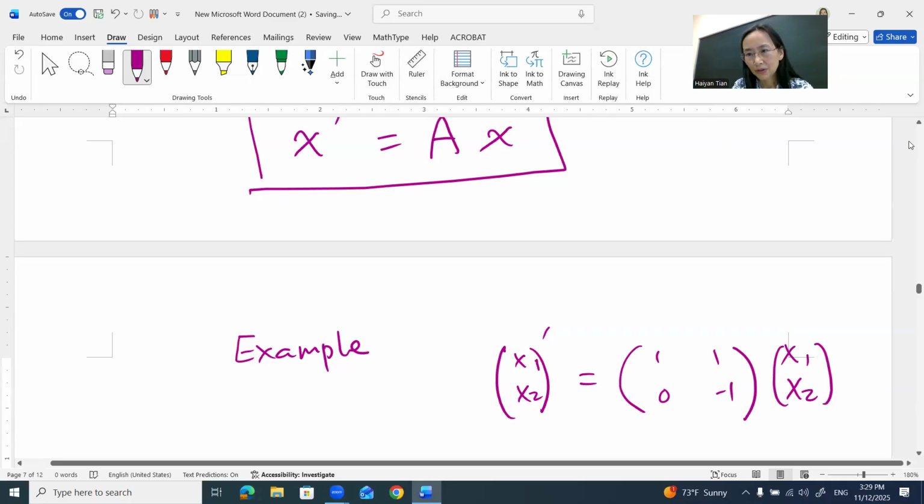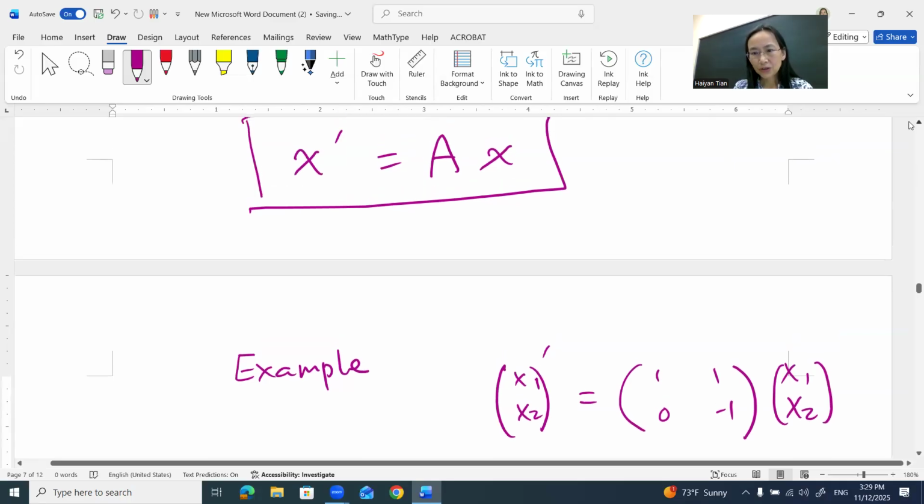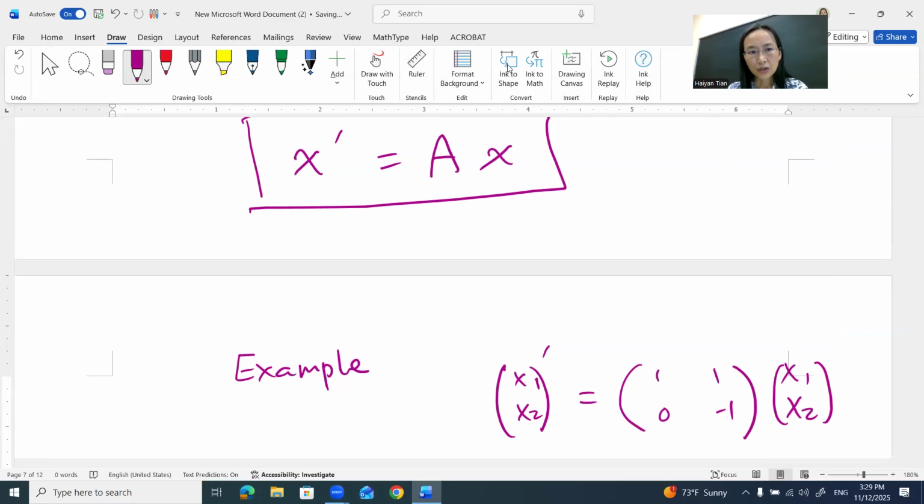So this is a constant coefficient matrix. We can see that it is in the form x derivative equals a matrix A, which is not depending on t.